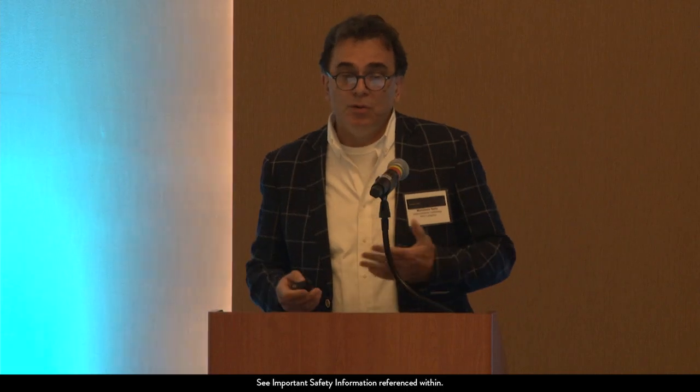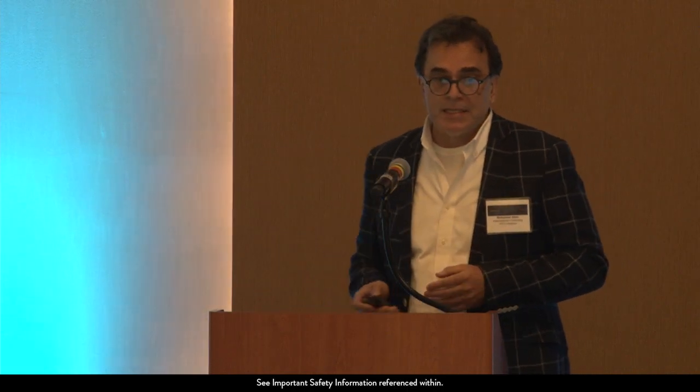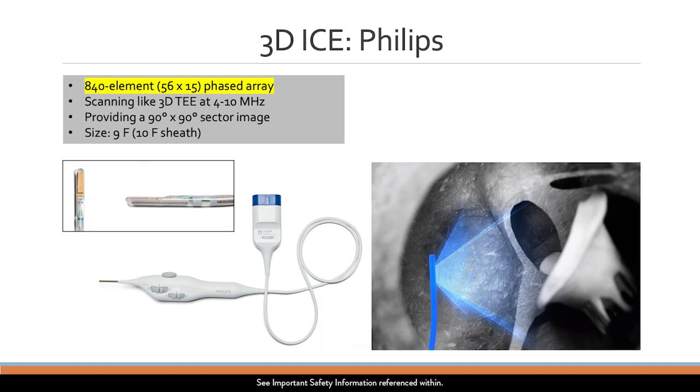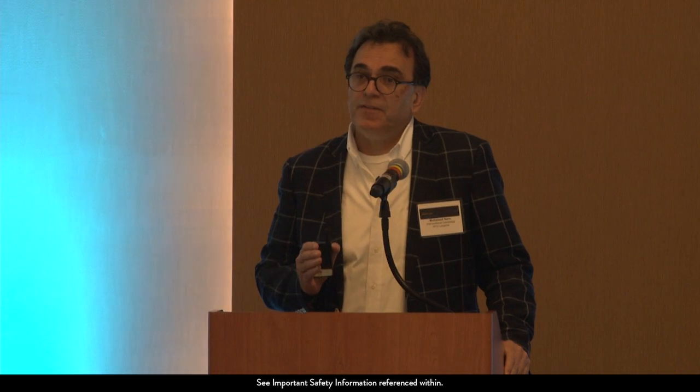As opposed to the newest generation of ICE imaging equipment, this is, for instance, from Philips, there are 840 imaging elements. So we're talking about 3 times as many as what you have with the Siemens ICE. But, and this is probably not appreciated, this is a very different array.